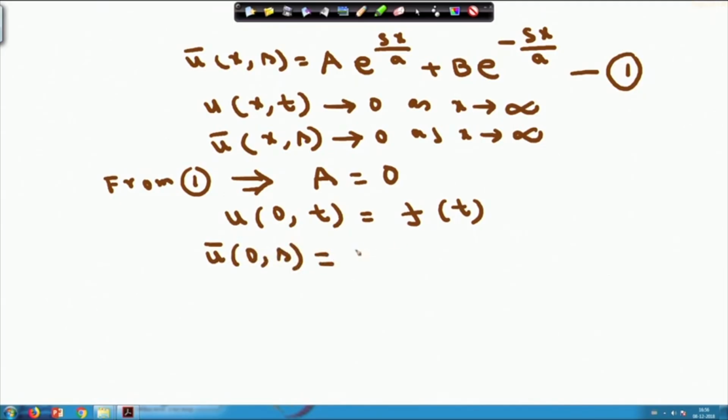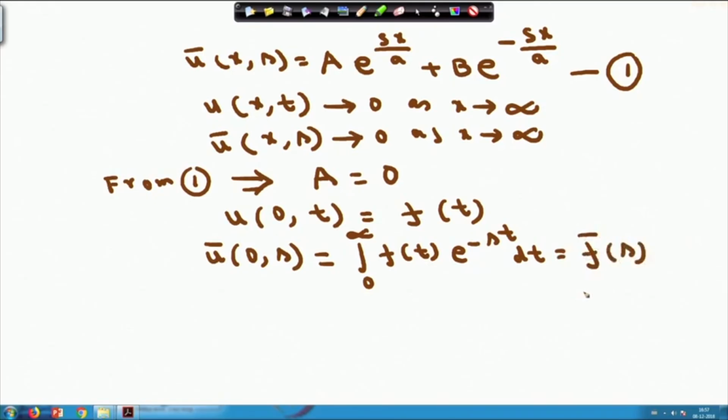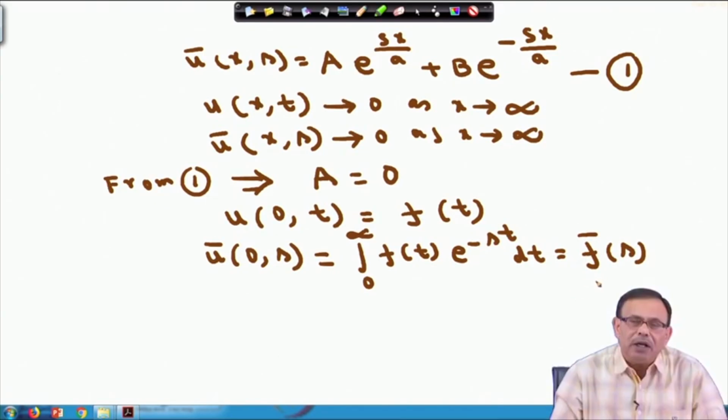This equals the Laplace transform of f t, which is nothing but integral 0 to infinity f t into e power minus s t dt, and I can denote it as f bar s, where f bar s is the Laplace transform of the function f t. This value I cannot evaluate, since the function f t is not known to us.